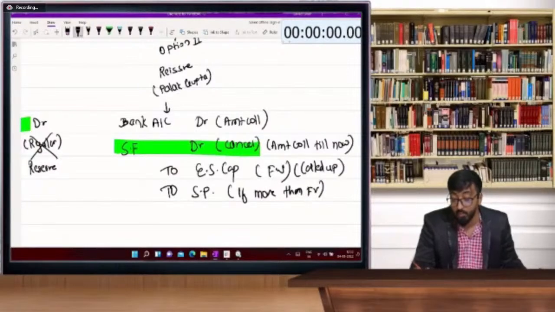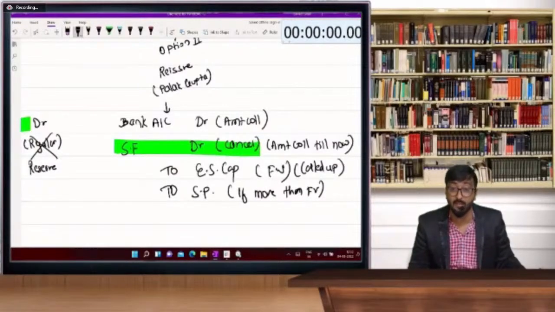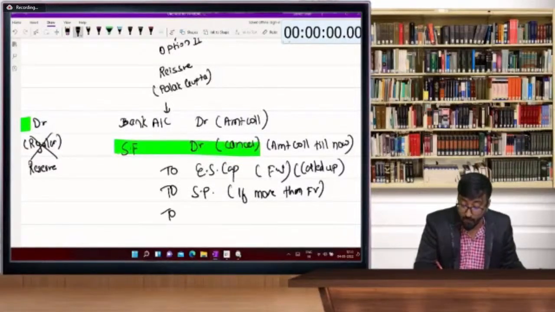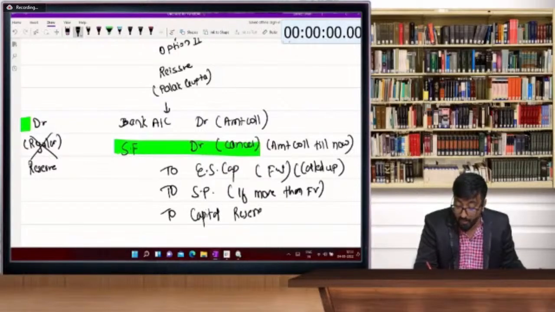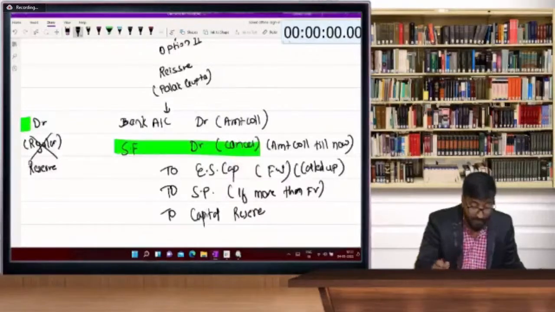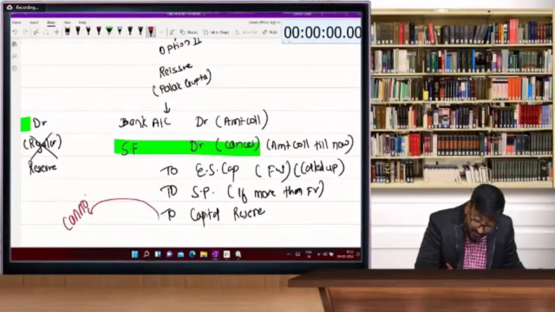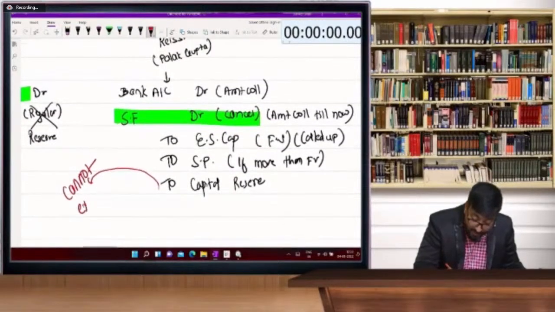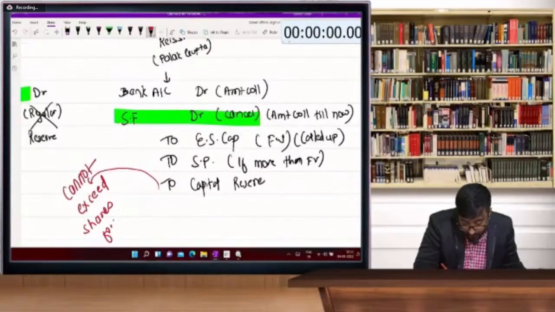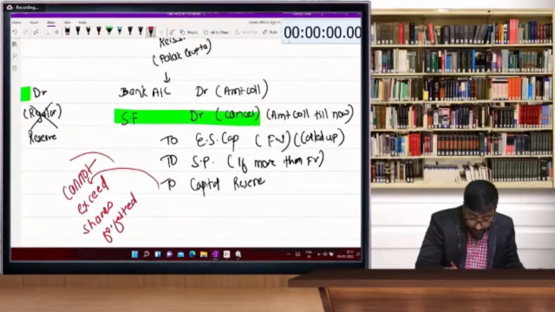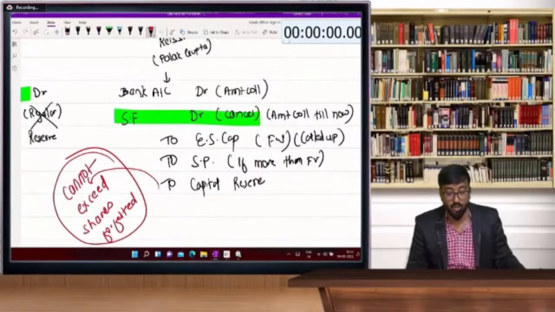If you collected more than face value from the new person, in that case security premium, and very, very important, capital reserve. And one important line: write down in red pen, capital reserve cannot exceed shares forfeited.